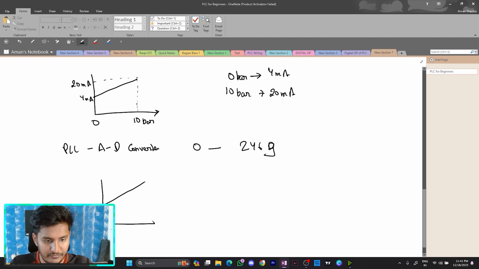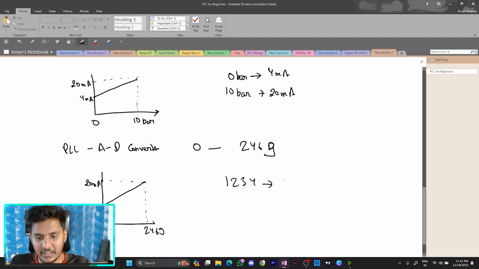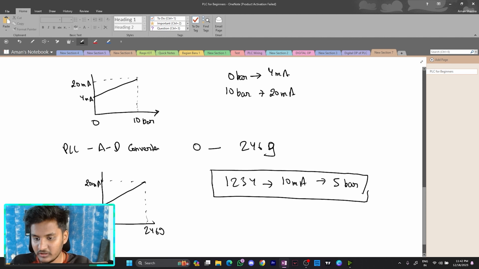We have our 4 milliampere here and our 20 milliampere somewhere here, and we have our PLC values from 0 to a max of 2469. You can see as the current gradually increases, the values also increase. Assume we get a value of 1, 2, 3, 4. It might mean that the current is around 10 milliampere, so the pressure will be 5 bar. This is how the PLC converts the signal and understands analog signals.